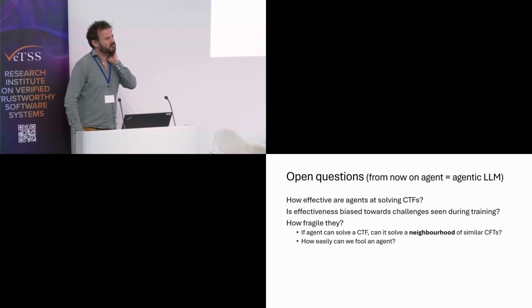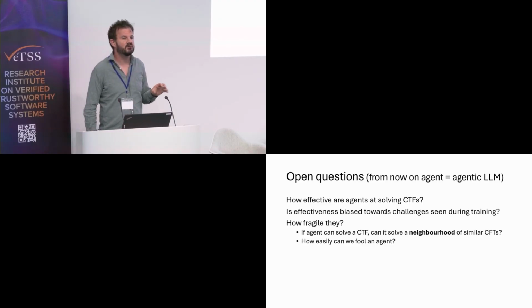There are questions about how fragile these agents are and whether we can exploit that fragility. So, for example, if the agent can solve a particular CTF, capture the flag, could it solve a neighborhood of related CTFs that are very similar but not the same as the original CTF? And can we find ways to fool the agent, take it out of its comfort zone, so that it's not able to solve CTFs if they exhibit certain phenomena in the code or binary resources that they ship with?